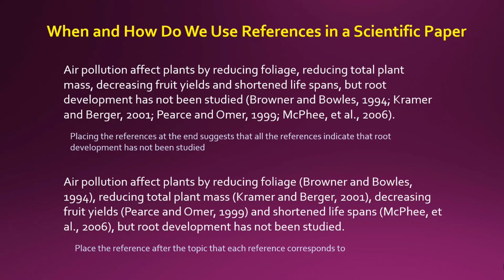Here we've placed the references after the topic that each reference corresponds to. This is just right. This is how you would want to list your references within the text so you can see the specific reference and what it's referring to.